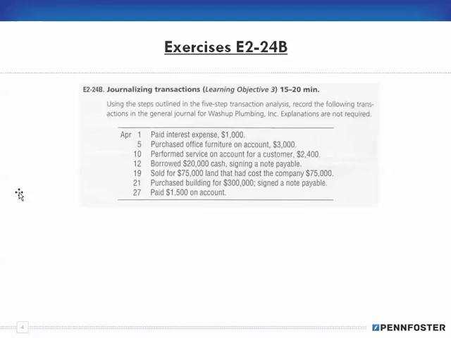Just as an FYI, in these exercises there's a lot of making journal entries. And like I said, if you want to see the complete thought process on how to make journal entries, go back to the introductory videos on the business group under financial accounting. There are videos on how to make journal entries when you don't know how.